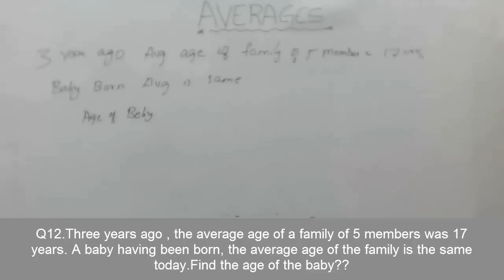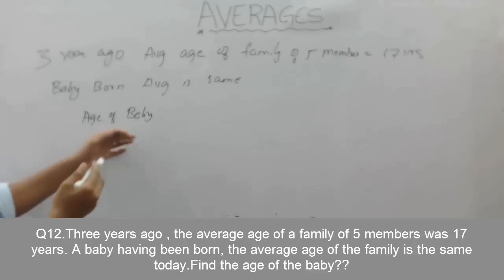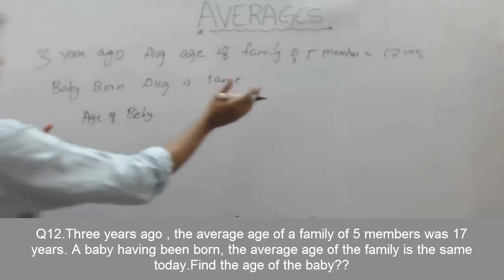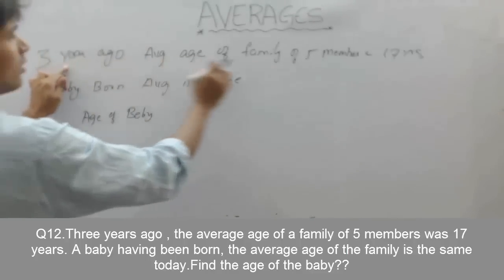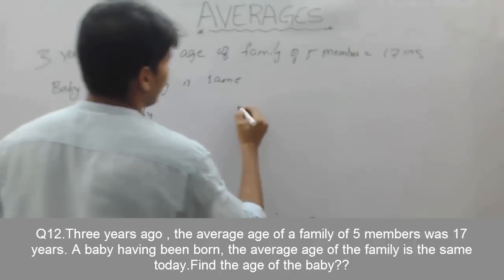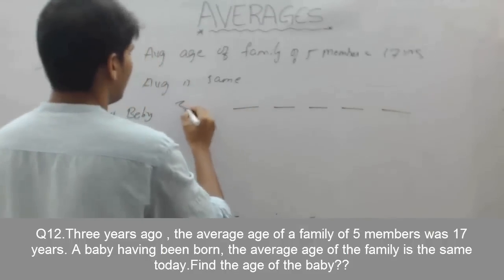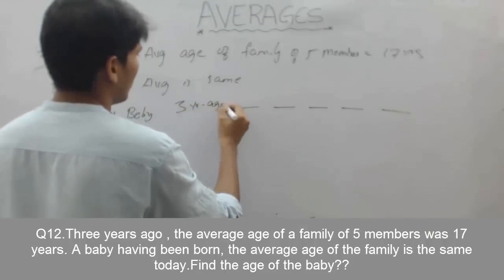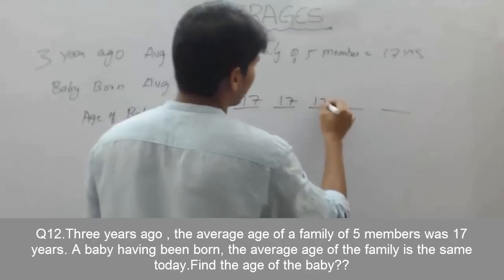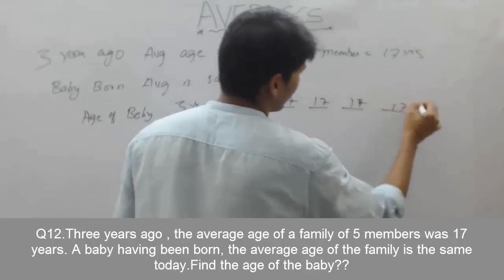How are you going to find this? So this is quite simple. We use the equal distribution method. That is, 3 years ago the average age of the family is 17. That means 1, 2, 3, 4, 5. So 3 years ago it is 17, 17, 17, 17 and 17.